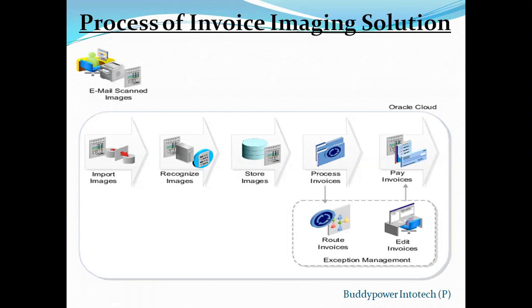Then, depending on your business, if the business process is to receive invoice images from your suppliers or communicate your imaging requirements to them, the suppliers can then email the invoice images to the email account. In case you receive paper invoices, you prepare the images from the invoices and send them to the email account.